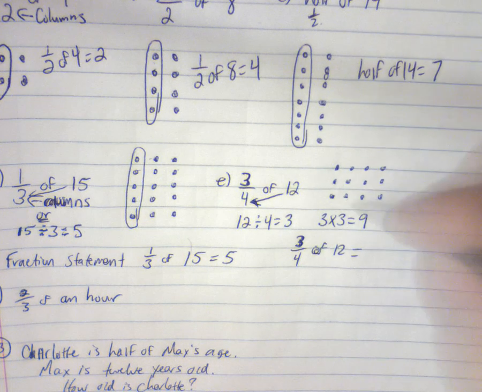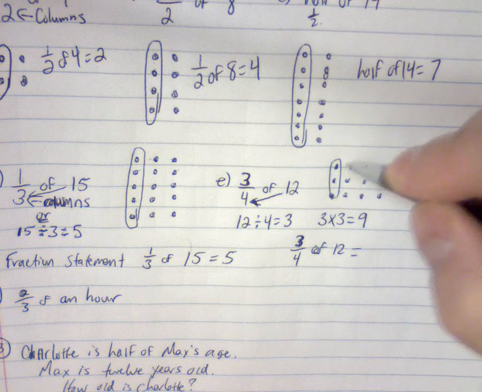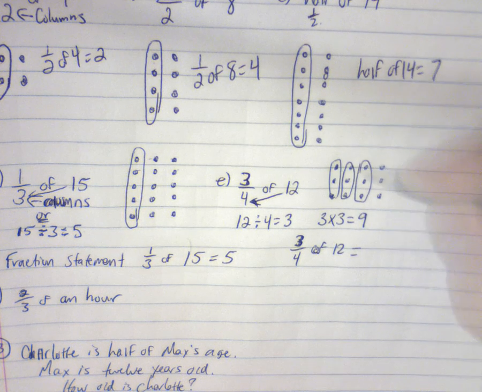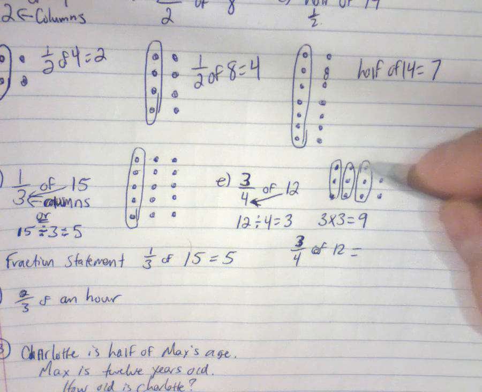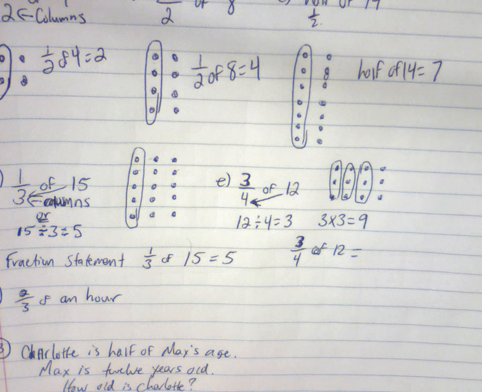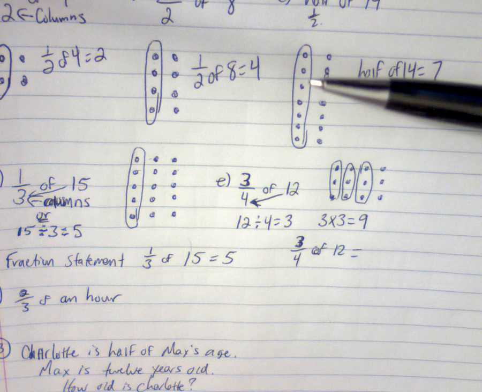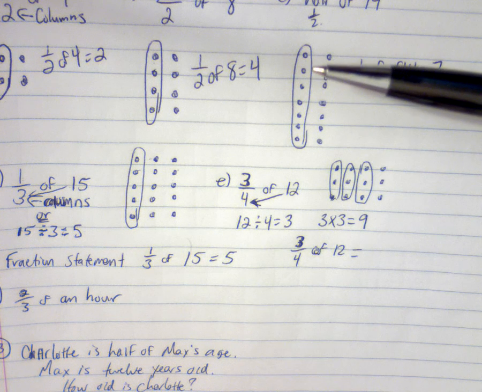9. So if I circle 3 columns, which I'm going to do for you, I have 1, 2, 3, 4, 5, 6, 7, 8, 9. I get the same answer. So all I did is I divide by the bottom, and then I multiply by the top.